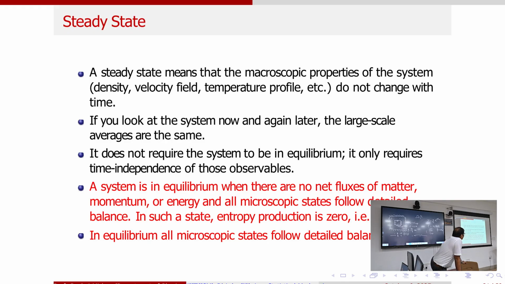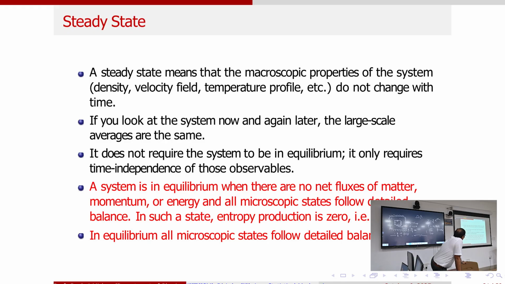Steady state means that the macroscopic properties of the system, for example density, velocity, temperature, pressure, etc., do not change. So if the properties of a system become time independent, then we say that we are in a steady state. Steady state can happen both in equilibrium and non-equilibrium.